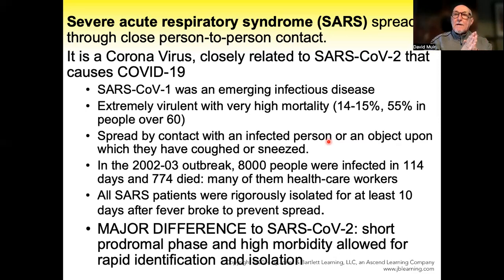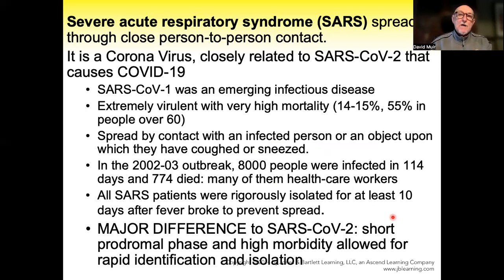And the news about the disease spread so rapidly that people were terrified and immediately reported as soon as they felt ill. So here's the major difference. In SARS-CoV-1, there is a short prodromal phase with a very high morbidity, and that allowed rapid identification and isolation.